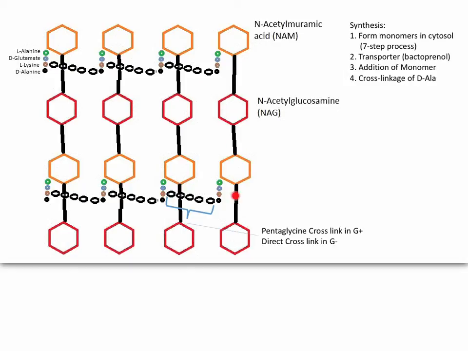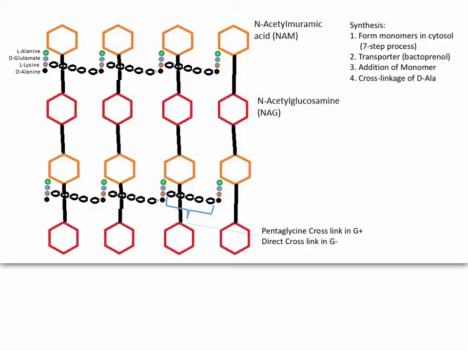And so they're connected together, but then also these NAMs are cross-linked by a peptide chain. So basically what we're looking at here is one sheet of the cell wall. Now, this sheet will be stacked on top of another sheet of the exact same thing, which will be stacked on top of another sheet. Gram-positive organisms have several sheets of these sugar polymers stacked on top of each other to make their cell wall.